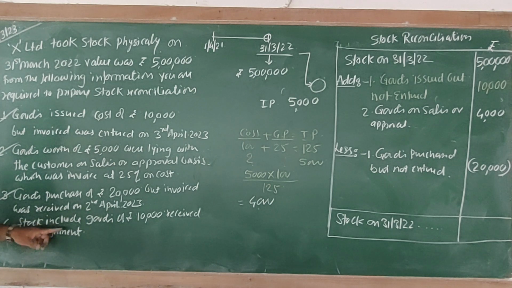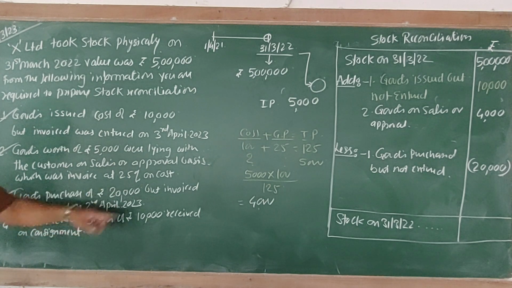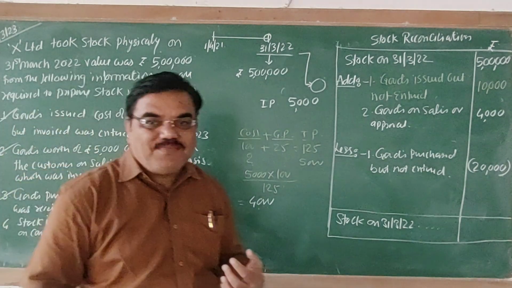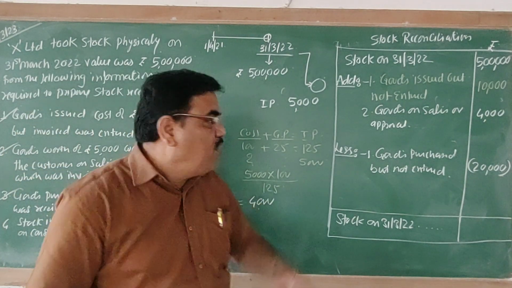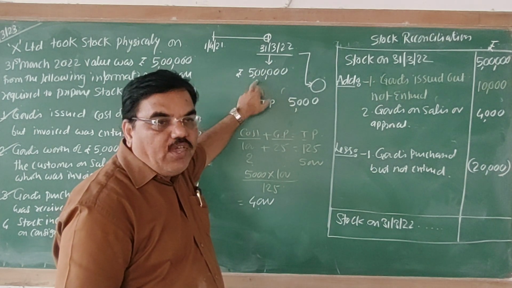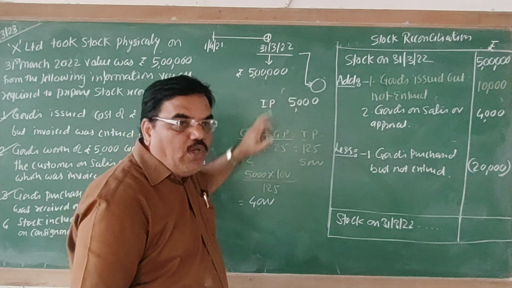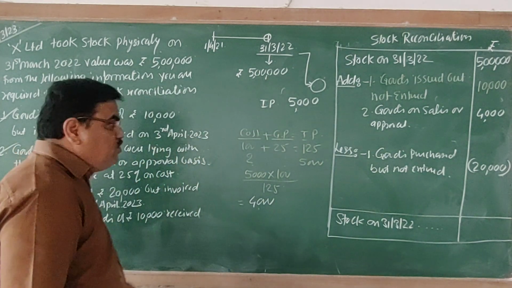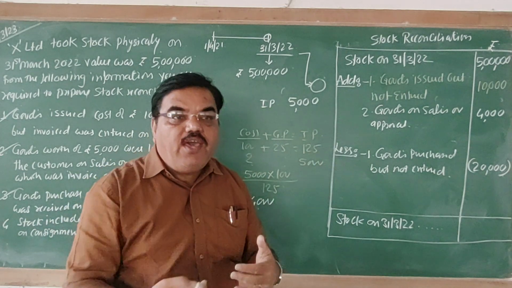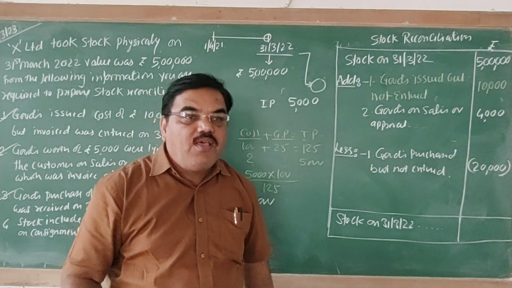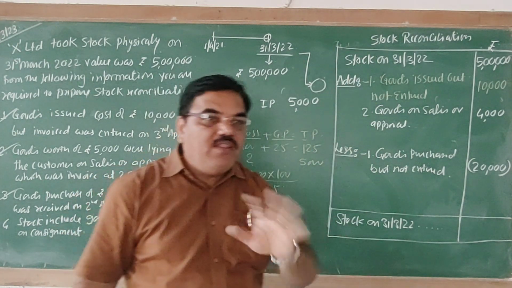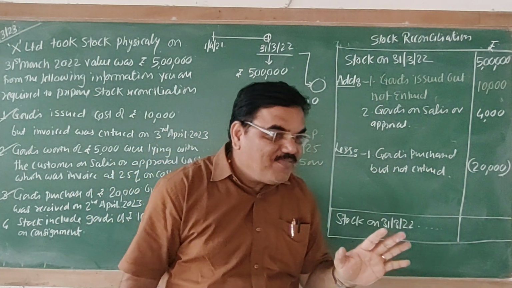Stock include goods of rupees 10,000 received on consignment. इनका क्या बोलते हैं वो कि ये जो 5 लाख का स्टॉक है, इसमें ऐसे स्टॉक जो है वो 10,000 के स्टॉक है, वो कंपनी को रिसीव हो गया है कंसाइनमेंट बेसिस के ऊपर। Always remember, when the company received any consignment, they are not the owner of the goods.